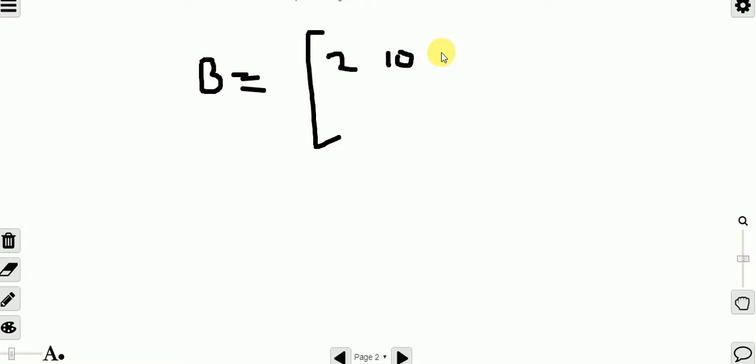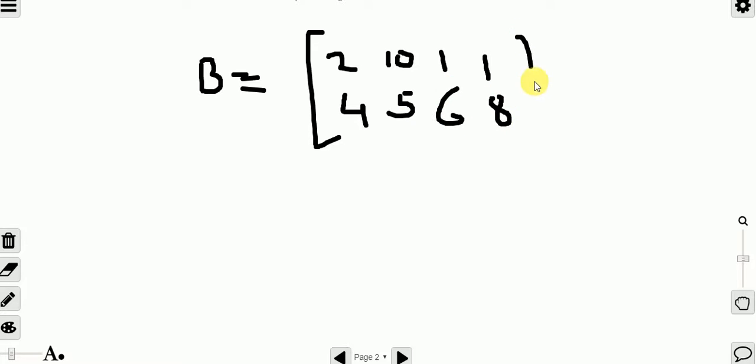Let us see one more example of a rectangular matrix. Is this a rectangular matrix? 2, 10, 1, 1, 4, 5, 6, 8.